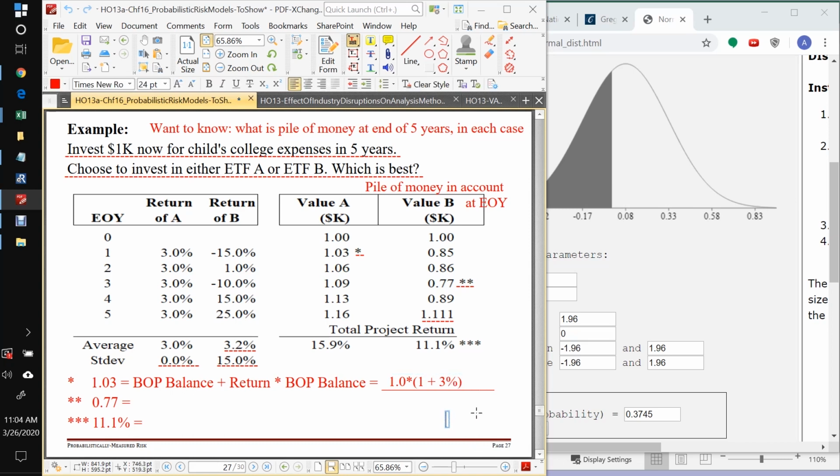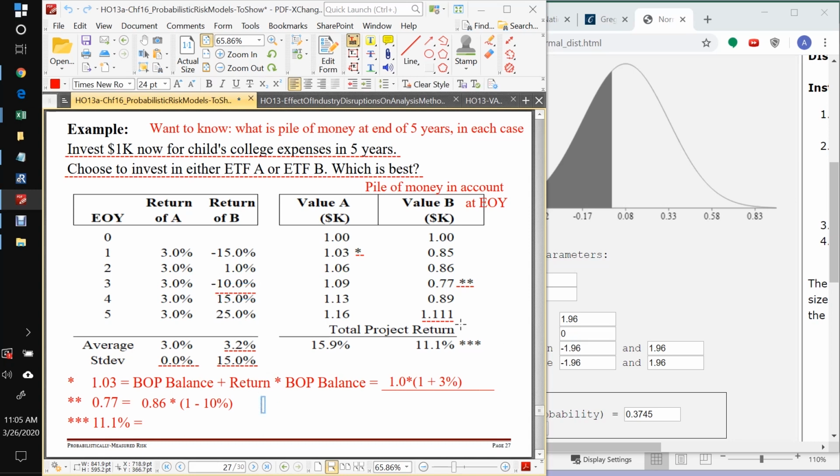Okay, and that's how I got to my 1.03. And the same thing with our 0.77. How did we get to that? Well, in that case, our beginning of period balance was 0.86 times 1 minus, and what was our return there? 10%. You see, here's the return for that year, my 10% over here.